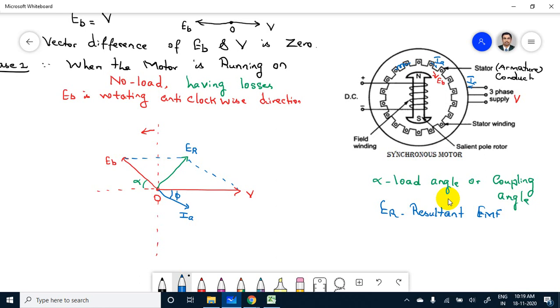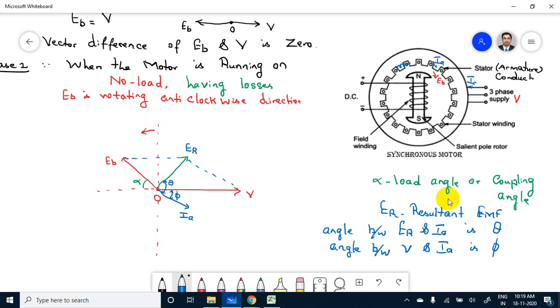The angle between ER and IA is theta, and the angle between V and IA is phi.